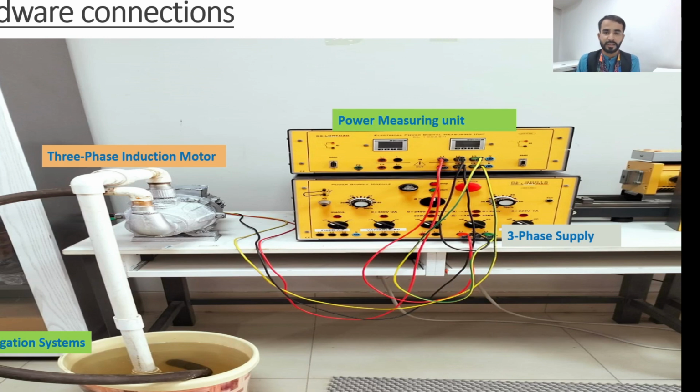So here is the physical hardware connection of our three-phase induction motor. As you can see, this is our three-phase supply, and this is our power measuring unit. This is our three-phase induction motor, and we used it for irrigation purposes, which is why we are having a small setup of irrigation systems as well.